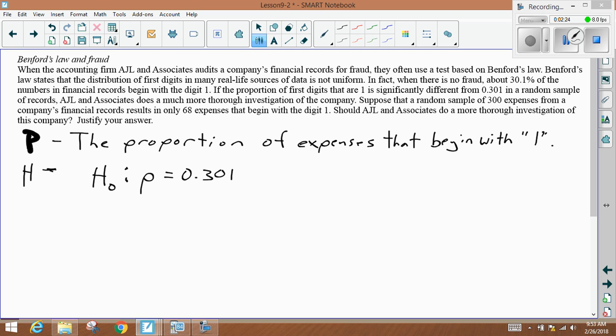Are we asked to do a... yeah, it's P with the actual population. We're trying to make an inference about the parameter. Okay. And our alternative hypothesis is going to be that P is not 0.301.